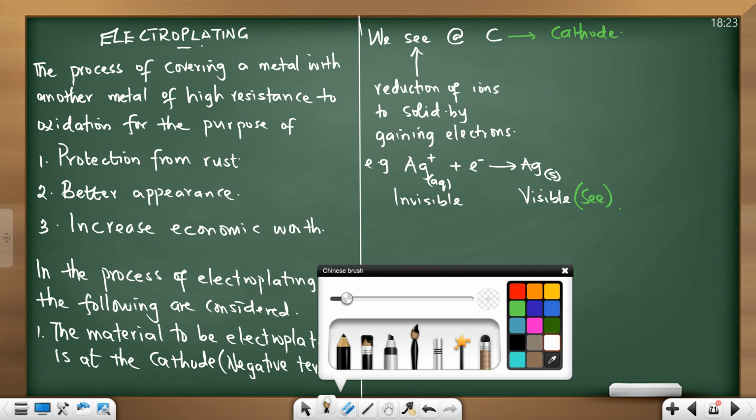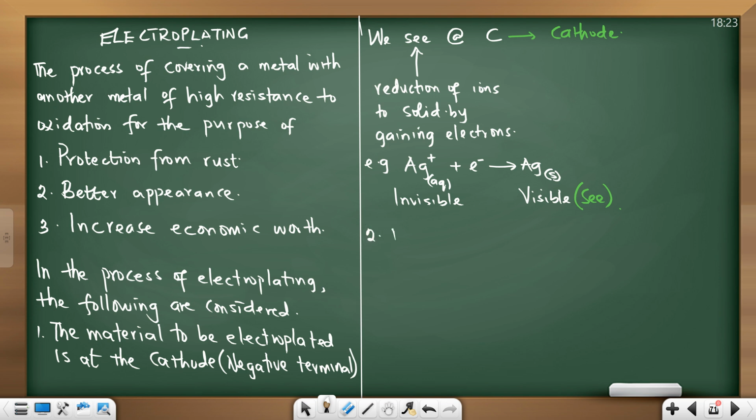Important things. Number 2. We use the electrolyte type of the material of covering. I'll explain that.